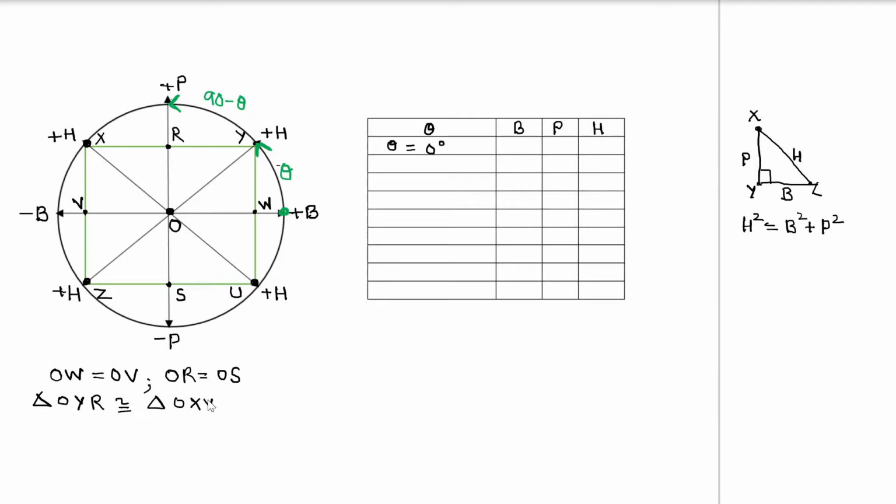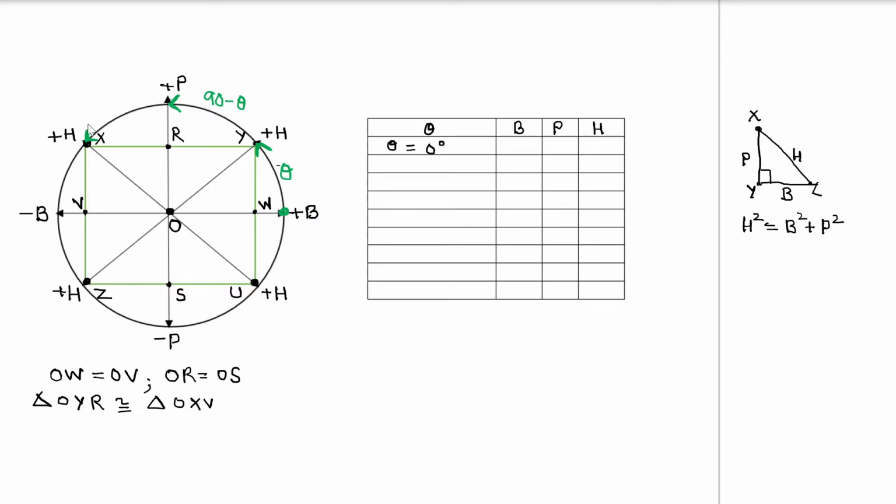Okay, now once you are able to say this, let me just complete the angles so that we are able to discuss the trigonometry aspect in them. If I move on the circumference of the circle, the first part was angle theta, the second part was 90 minus theta, because the angle ROW is equal to 90 degrees.